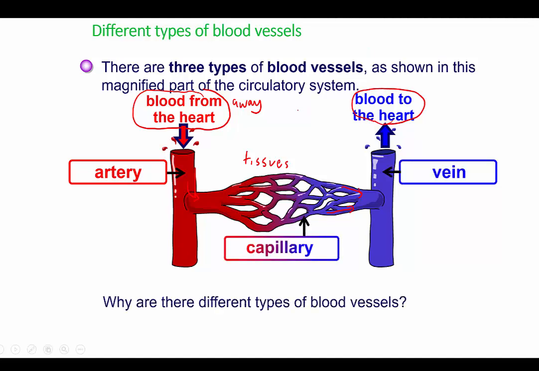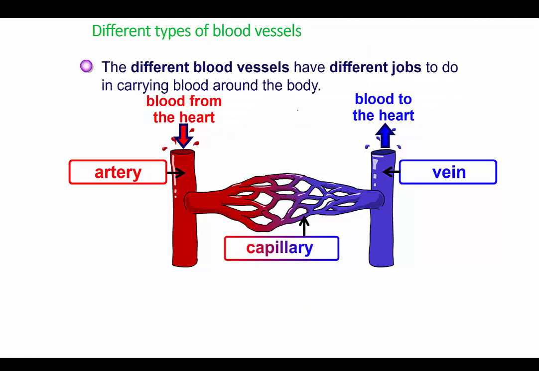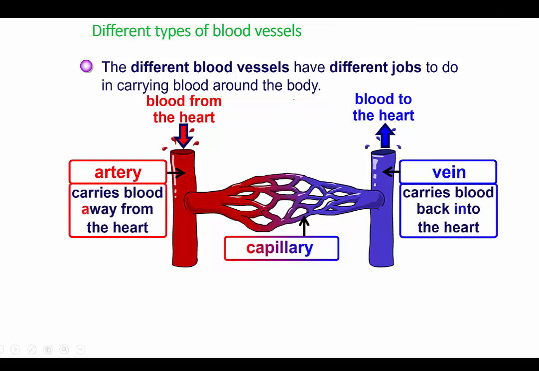Okay? Now, the next part is, why are there different types of blood vessels? Why do we even need that? Well, the main reason is that each blood vessel has a different job to do. The artery has to carry blood away from the heart, so it's adapted to allow blood to flow at high pressure, because it has to carry it at a high pressure because it's just been pumped out of the heart, and it needs to go the whole way around the body.